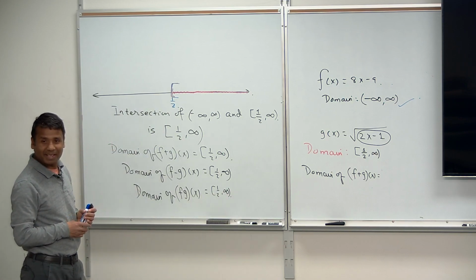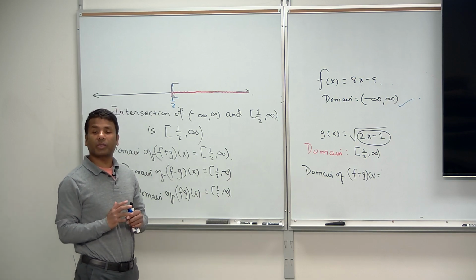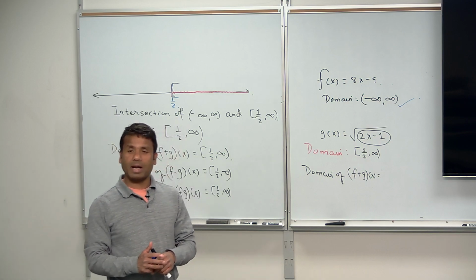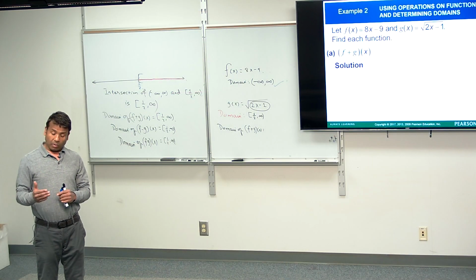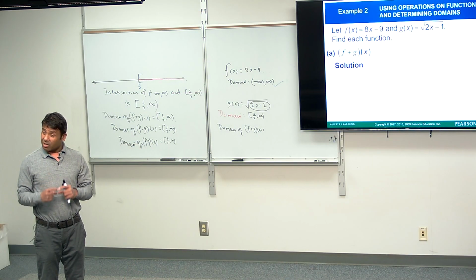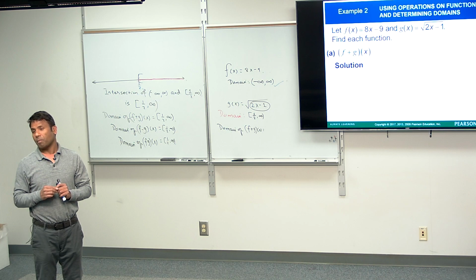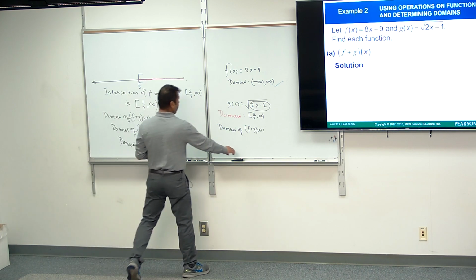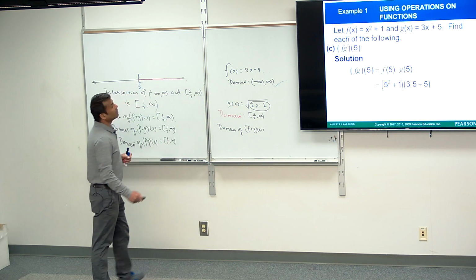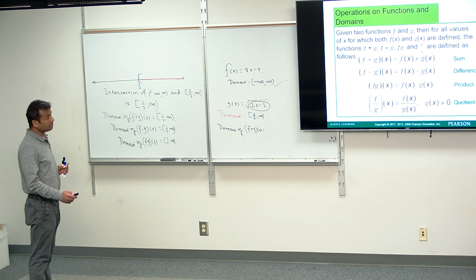Are you with me? And the domain of f over g is also the what? It also includes the set of all real numbers in the intersection for which g(x) is not equal to 0. Remember that? Look here. Read that.